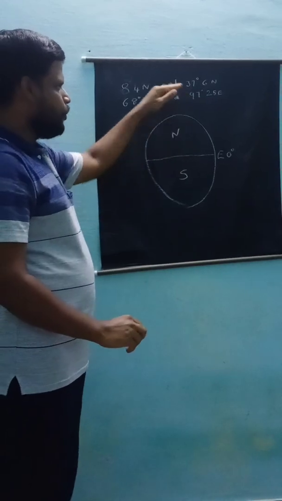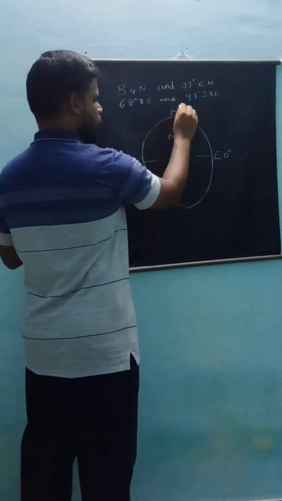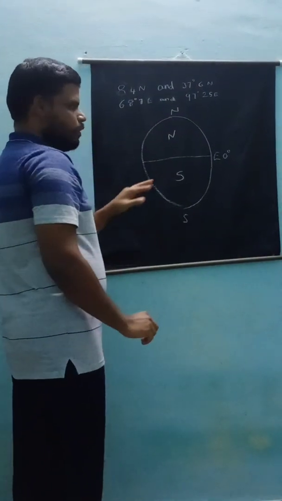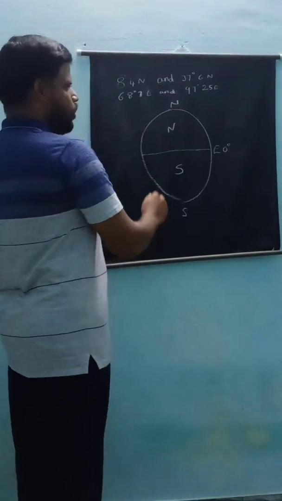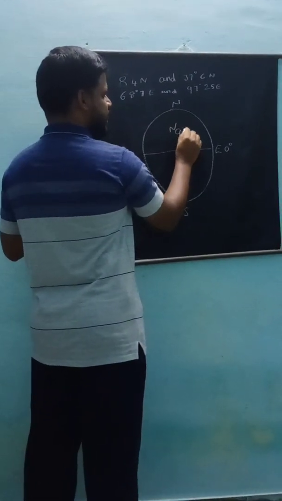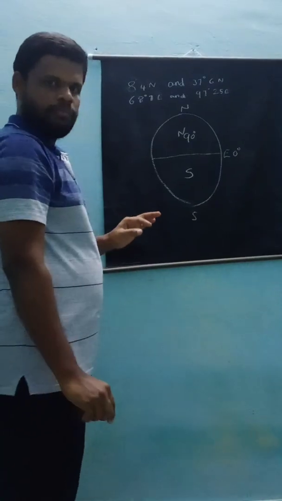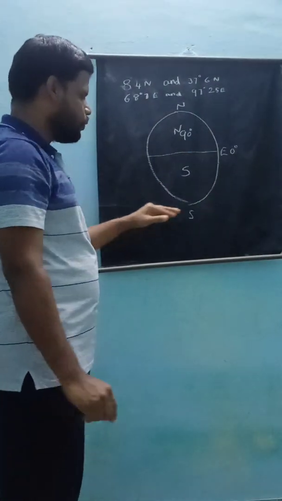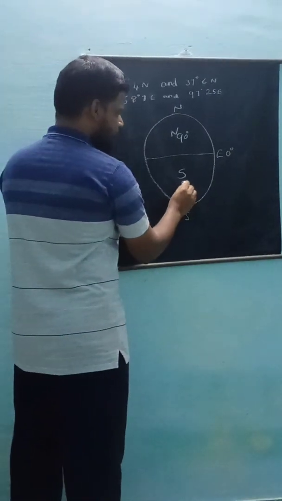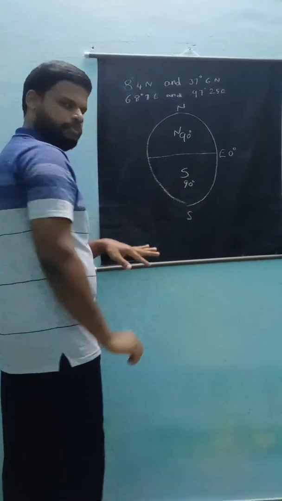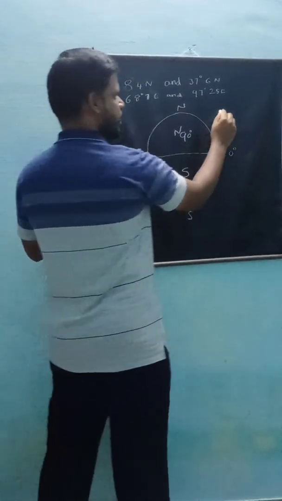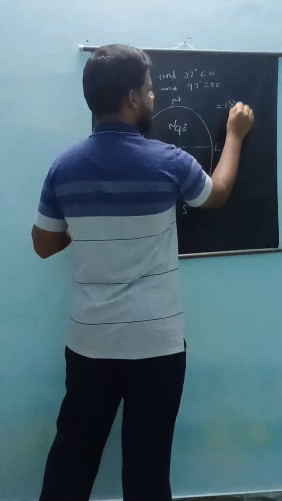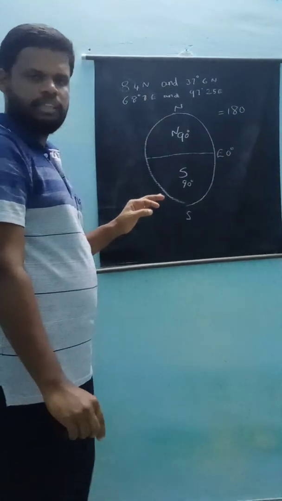This is the north pole and this is the south pole. From the equator to the north pole, 90 latitude lines are there. The same way from the equator to the south pole also 90 latitude lines are there. So 90 plus 90 equals 180 latitude lines on the globe.